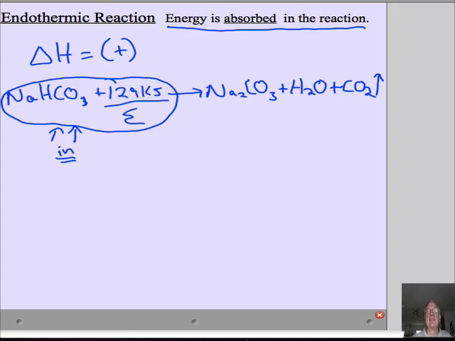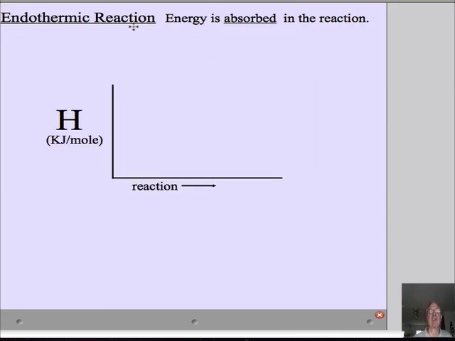Okay, so now let's look at an energy graph for this reaction and see what happens as the reaction occurs. So the sodium bicarbonate begins, these are the reactants, with a small amount of energy, NaHCO3.